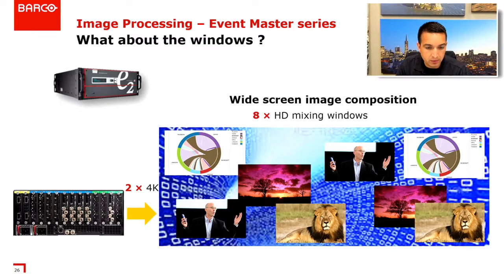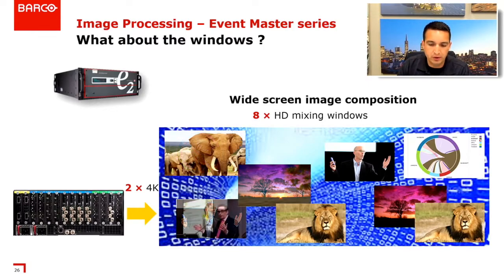For example, an E2 or an E2 Gen 2 can do up to 2 4K wide, a widescreen destination that maybe is 2 4K wide by 1 4K tall. You can have up to 8 HD mixing windows on there, so we could see the mixing windows mix from one to another, right?